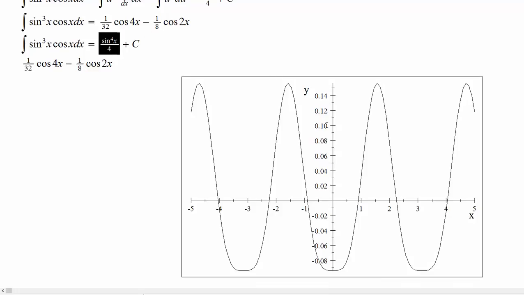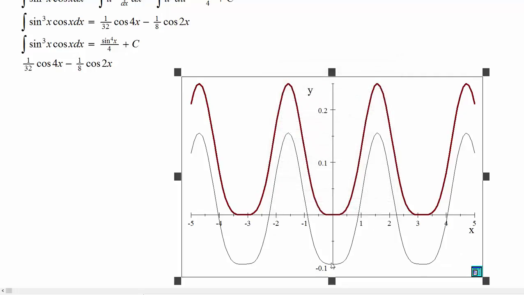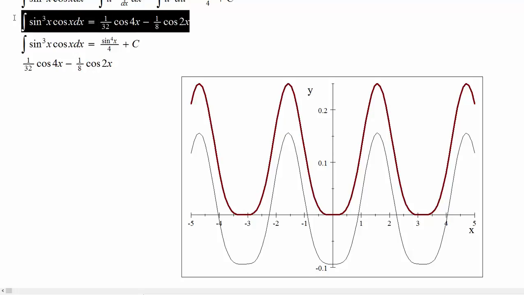Now let me go ahead and graph the other answer, and let's graph that in a different color. We are done with the question; we are just doing it for our own curiosity. So you can see the two are different only by a constant, and for an antiderivative, that's expected. So anyways, an answer for the antiderivative is this, another answer is this.